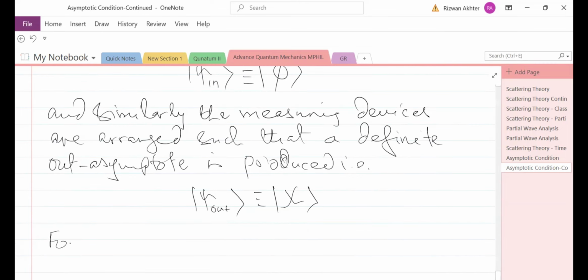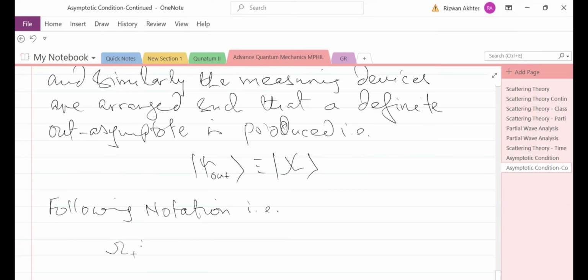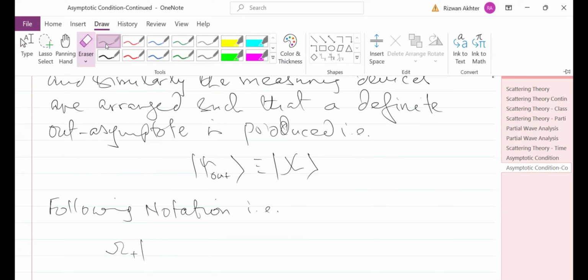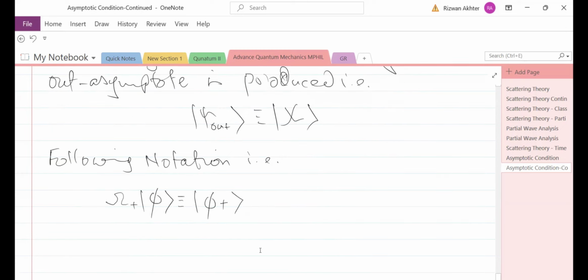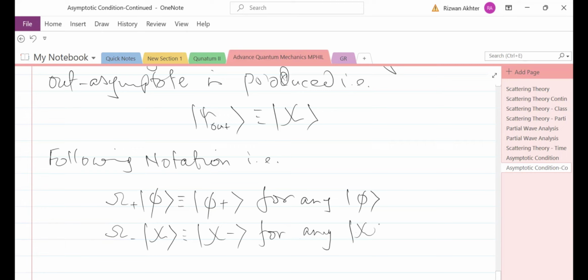We use the following notations: omega plus phi, because psi is equal to phi, and this we will denote by phi plus. These are the notations. And similarly omega minus chi, and this we represent as this quantity.